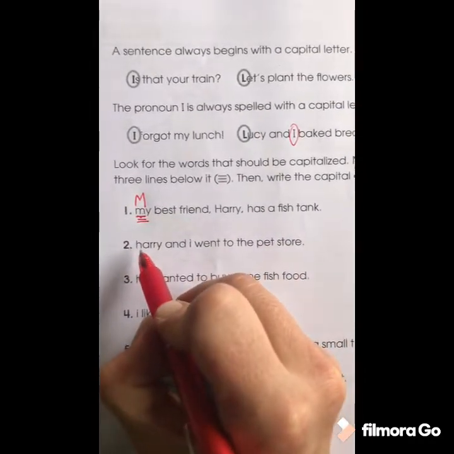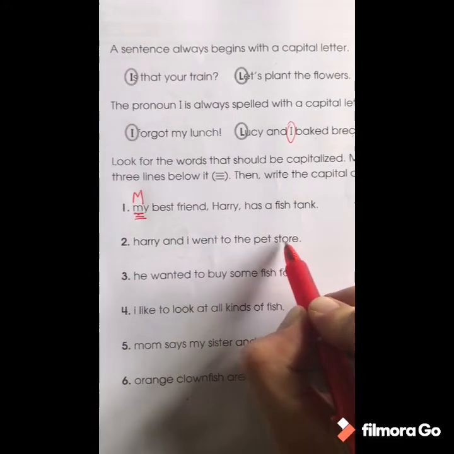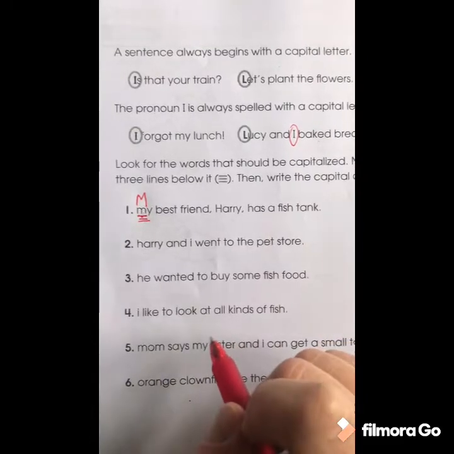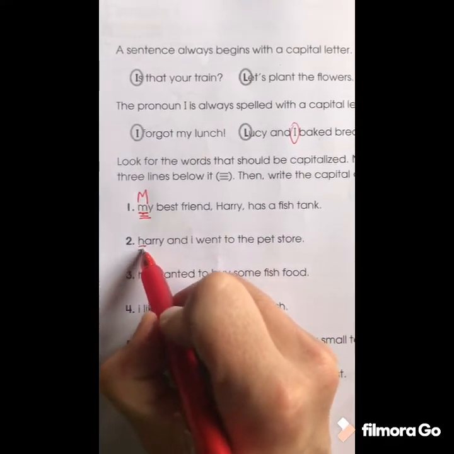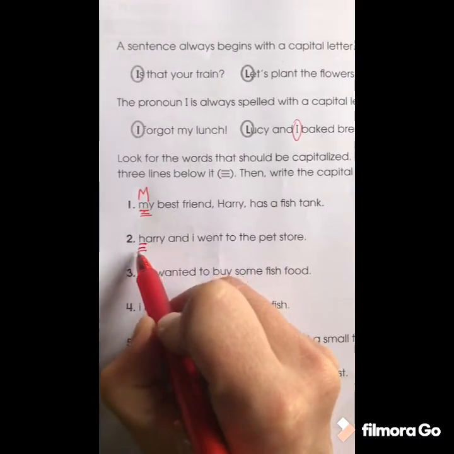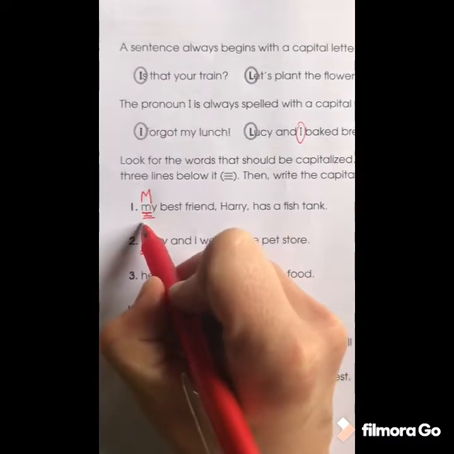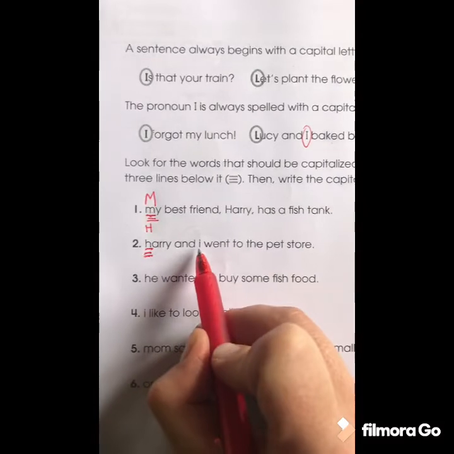Okay, sentence number 2. Harry and I went to the pet store. Now, what is missing in this sentence? The first letter should be capitalized, so please draw 3 lines under it. Harry, then write the capital H above it. Harry and I. Uh-oh.